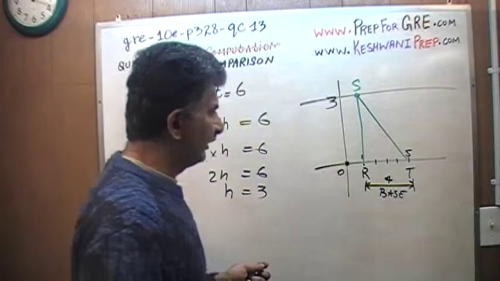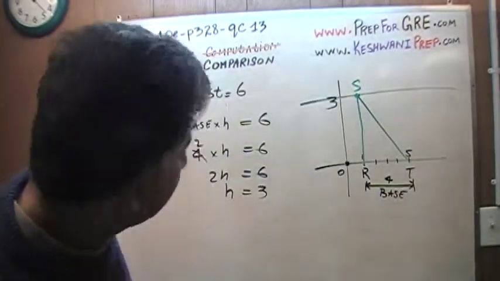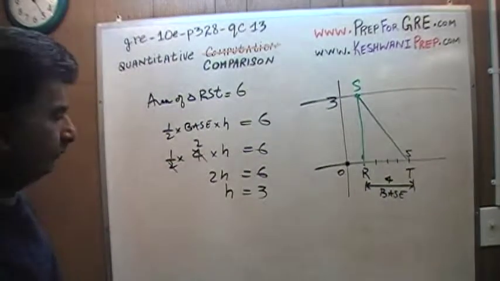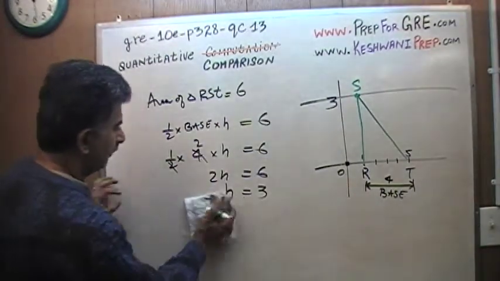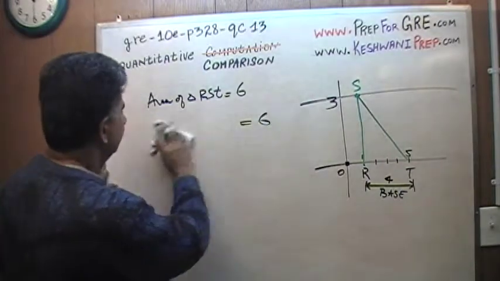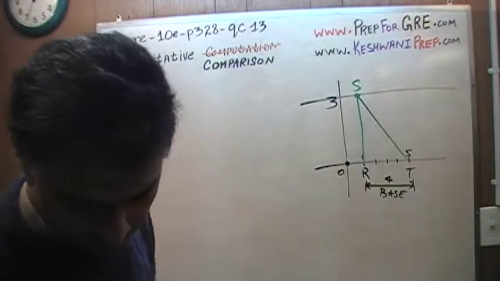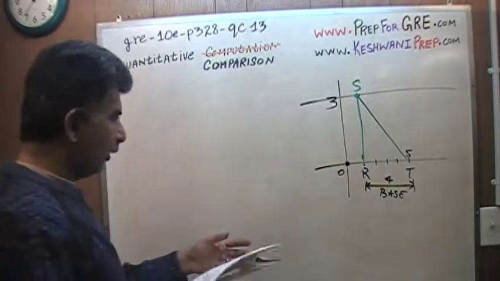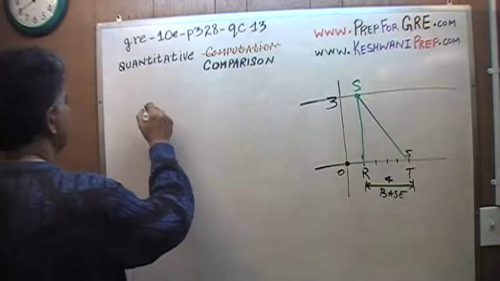In which case they want us to compare. Let's erase all of this because I need the room. So the height of this particular triangle is 3, as we figured out. And you will see why we have to figure out the height, because they want us to compare the y coordinate of S versus the x coordinate of S.